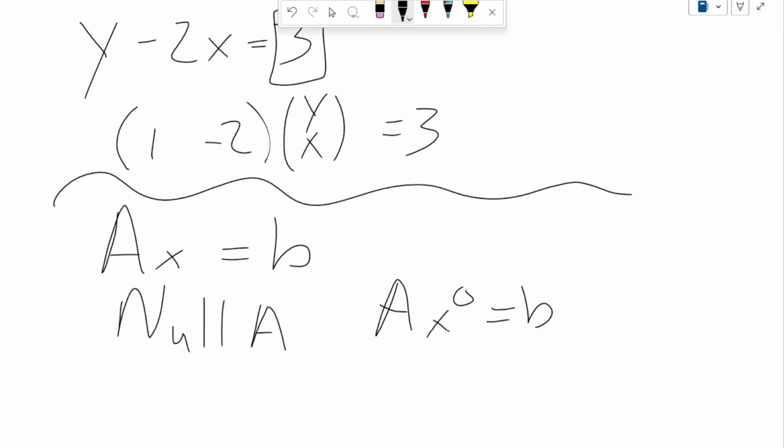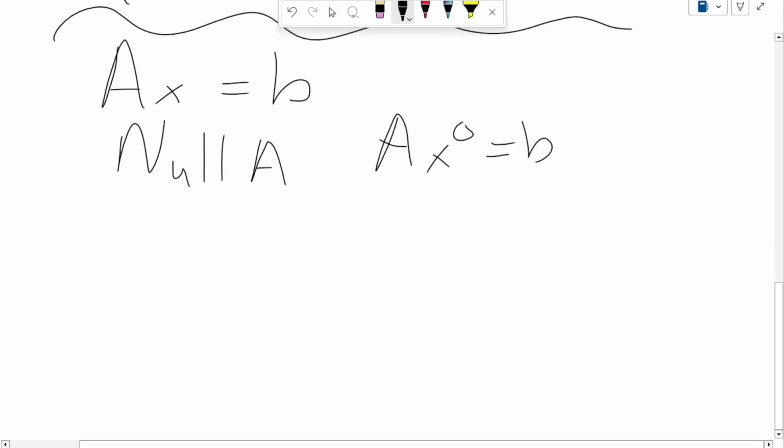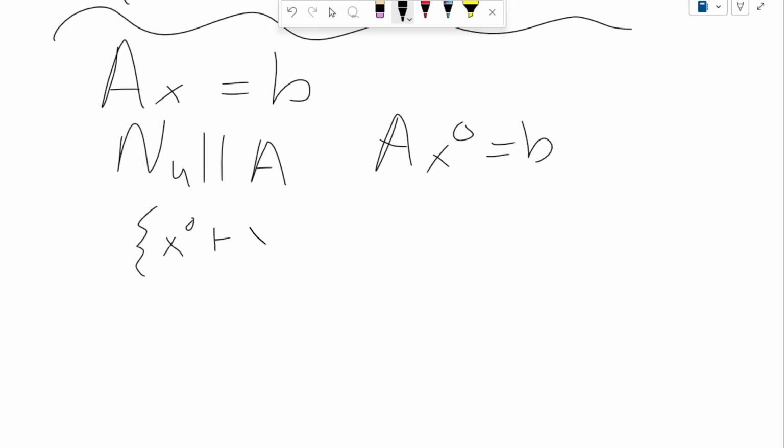I told you, but did not prove, that this means that the solution set to our problem is going to look like this. It's going to be the set of all sums, x0 plus x, such that, that's what that bar means, x is in the null space of A, right?